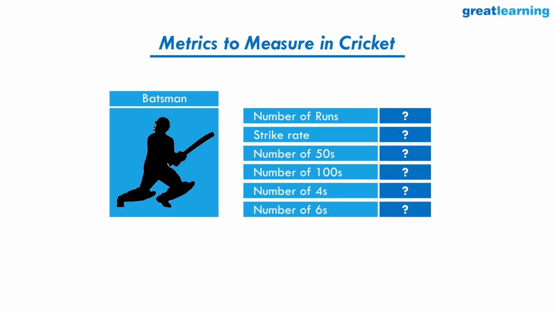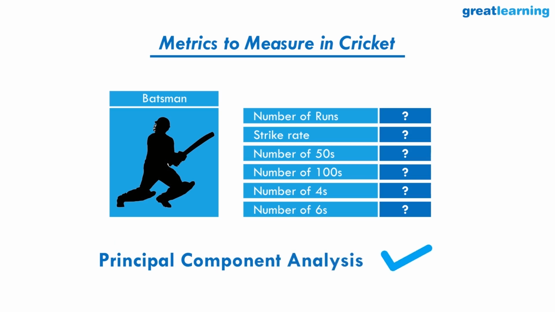This all constitutes the data. And given this data, you will have to now understand how do I rate the batsman. In such a scenario, you would be applying a particular tool called principal component analysis.